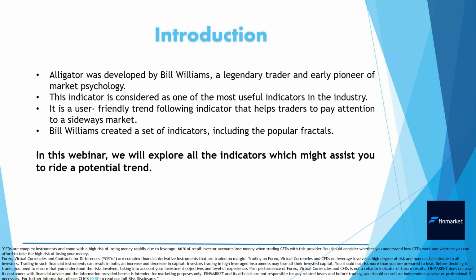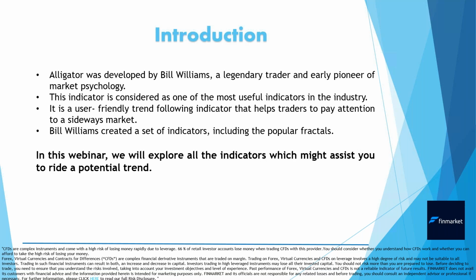His indicators are going to help us avoid the sideways market, because he believes that when sideways markets are in play, there is no opportunity whatsoever. So stay with us. We're going to show you how to avoid the turbulence.